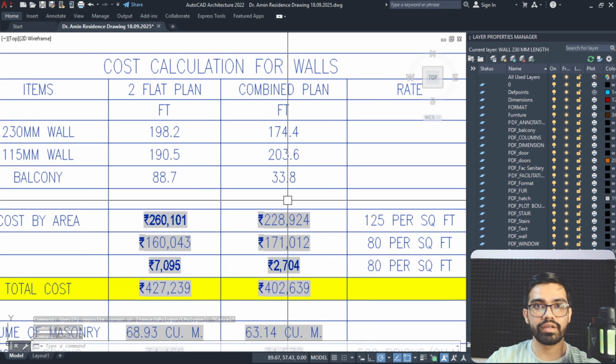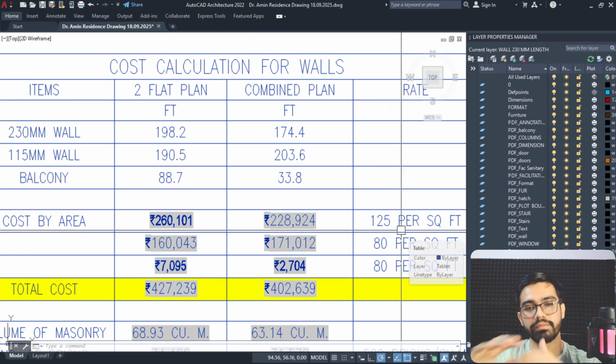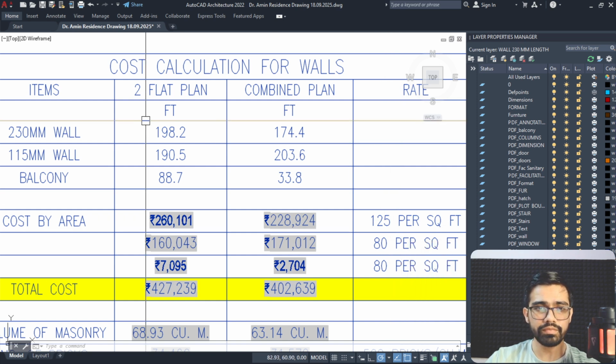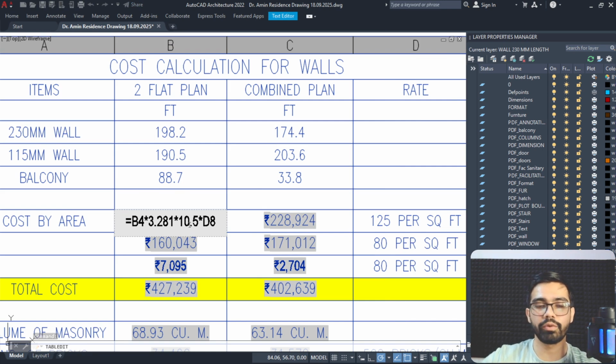One is the area method, which is, let's say, the 230 wall has 125 rupees per square feet cost. So I got the total area by taking the height 10.5 feet, taking this running length to get the area, and then I multiply it with 125.